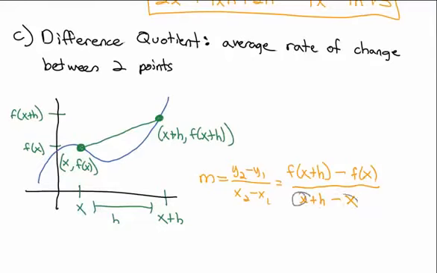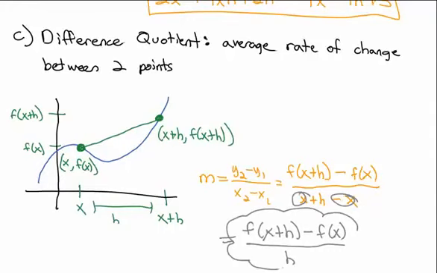And that's kind of nice because x minus x goes away, and so we end up with the slope of f of x plus h minus f of x all over h. This thing is called the difference quotient. It calculates the average rate of change between 2 points.